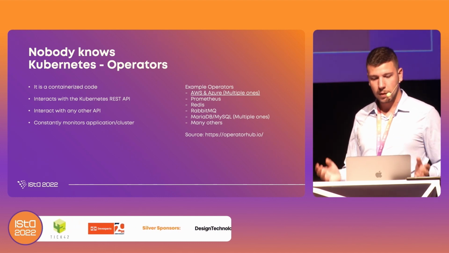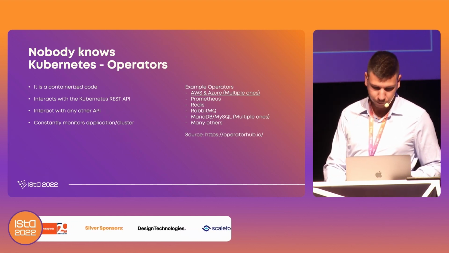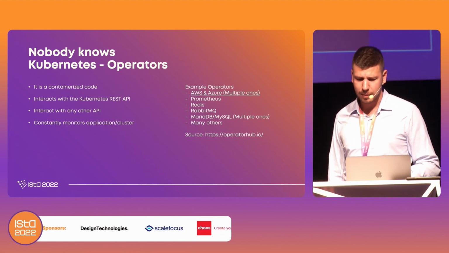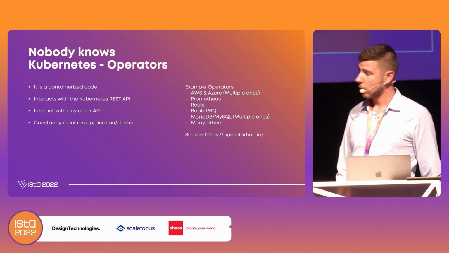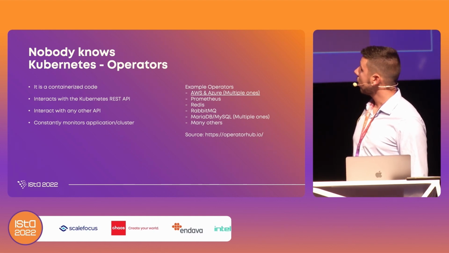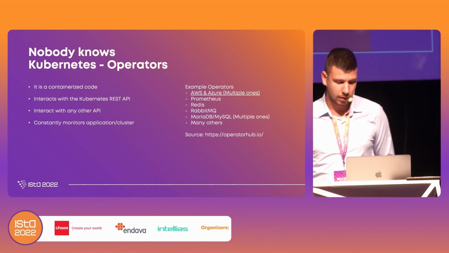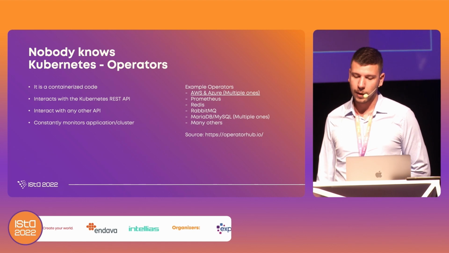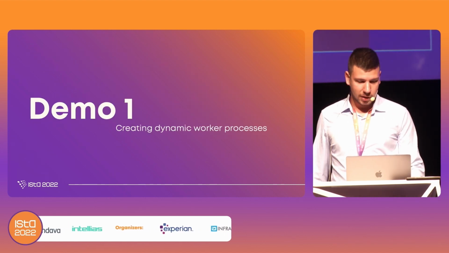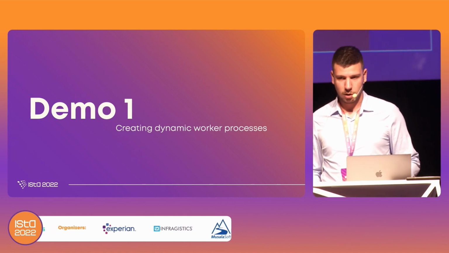The Prometheus operator is actually doing all this. We can also have, for example, some operators for managed databases and so on. And the source for this is a very cool website called operatorhub.io, and you can find quite a lot of operators there for pretty much anything you can think of.